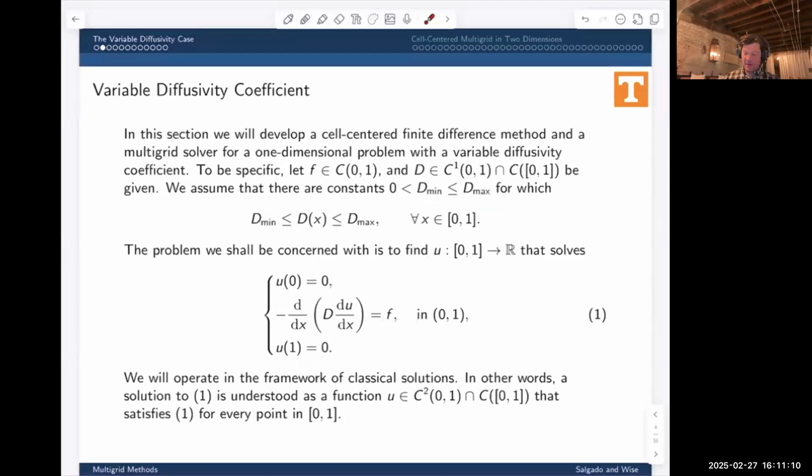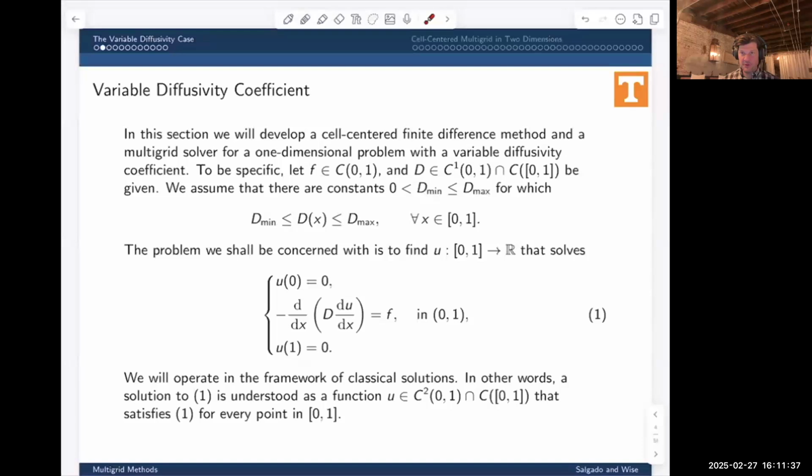We're going to operate in the framework of classical solutions for this problem to start with, and then we might later want to switch to weak solutions as usual if we want to do a finite element method or some sort of modified cell-centered method. That means we're looking for a U which satisfies this problem in this function space, and it satisfies this problem point-wise.